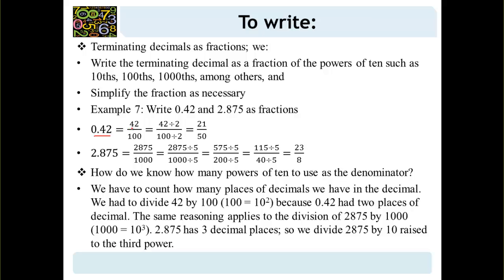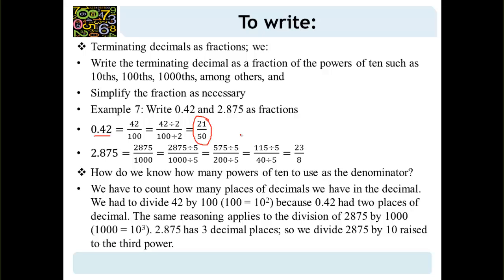We write the whole number equivalent, 42, and divide it by 10 raised to the exponent number of decimal places. So 42 divided by 100. And then we simplify it. 42 divided by 2 gives us 21. 100 divided by 2 gives us 50. So our answer becomes 21 over 50.